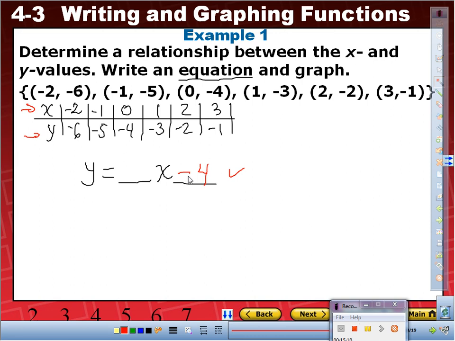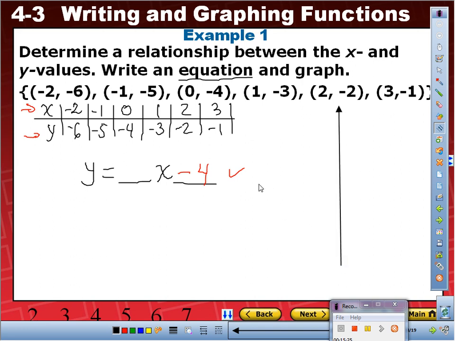Did we do that? Yes. Number 2, graph your function. So for that, we're going to need a graph. So I need you to sketch a coordinate plane right here, right next to, like this.